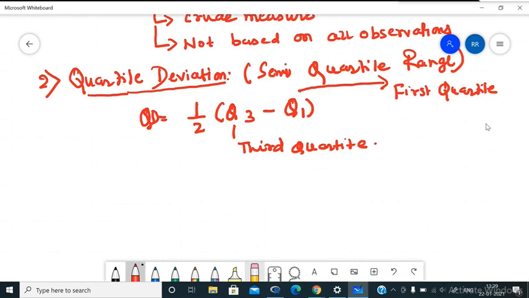Now let us come to the third measure, known as mean absolute deviation or mean deviation.